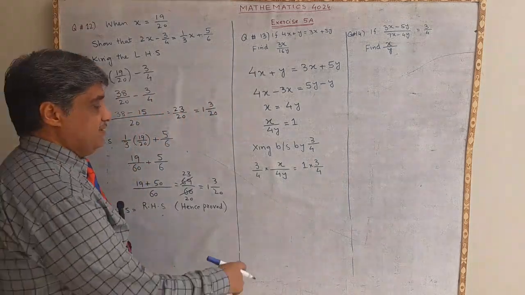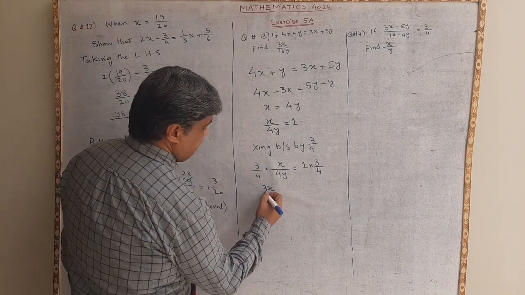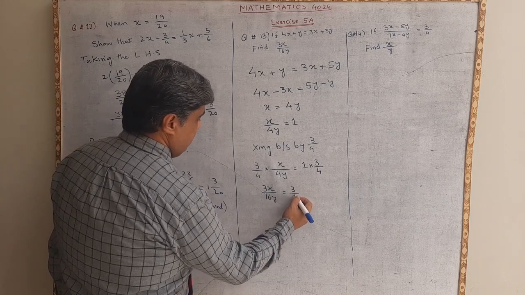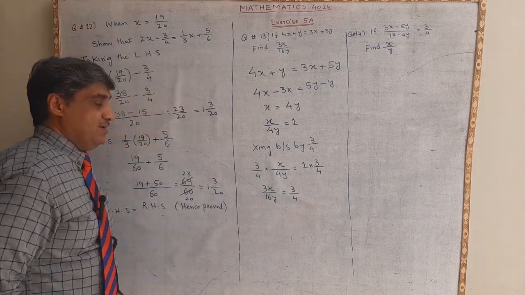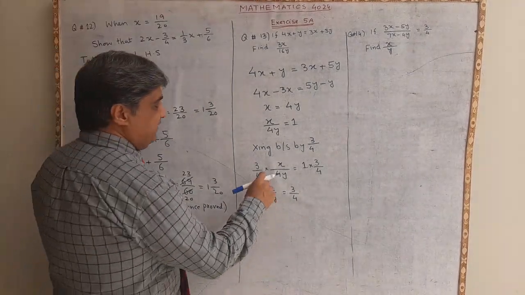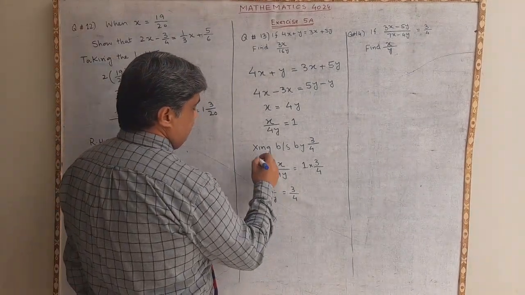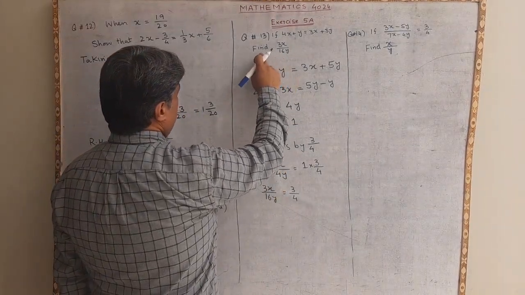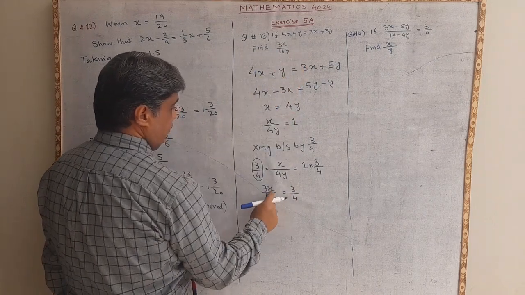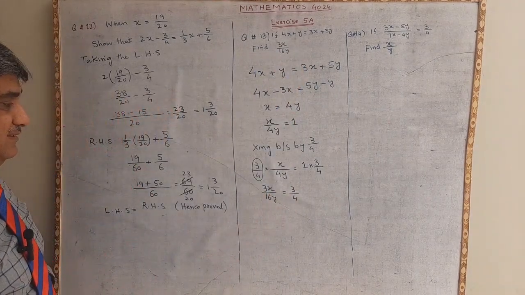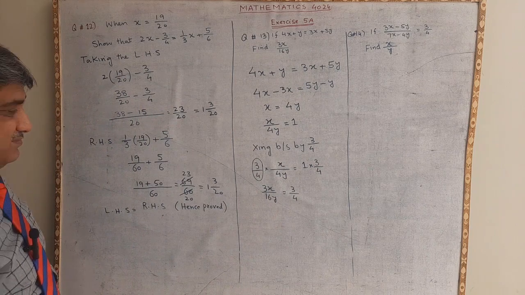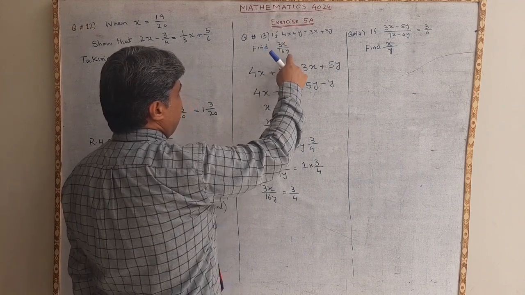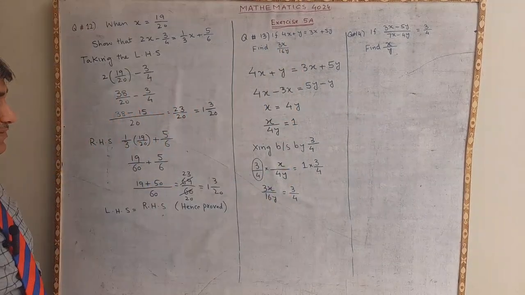Ladies and gentlemen, this will be 3x into 16y, and that will be equal to 3 over 4. Why we multiplied this 3 over 4? This is the main question. By seeing the value, we had x divided by 4y with us, but we had to convert it to 3x divided by 16y.